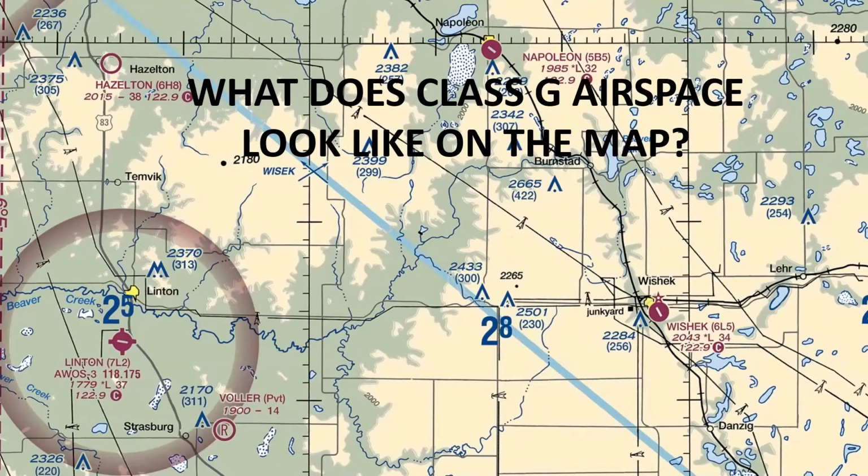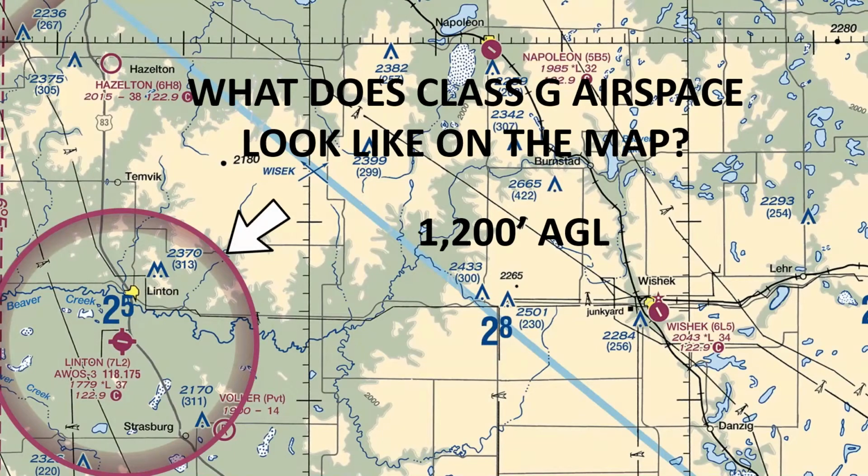In most areas, the Class G airspace simply extends from the surface to 1,200 feet AGL. In this area, where you see the magenta vignette that surrounds so many airports, the Class G extends from the surface up to 700 feet AGL. Here is the exception to the rule.